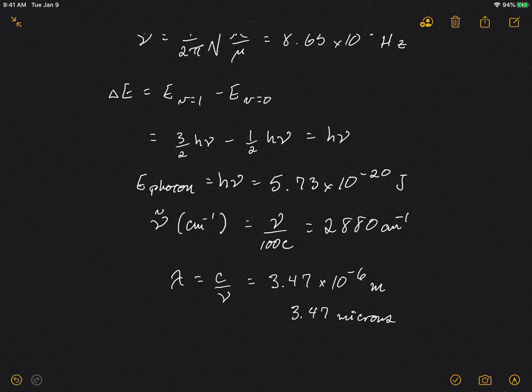Now, there are some similar related problems. You could be given the photon represented in any one of these ways: in terms of wave numbers, the reciprocal centimeters, or in terms of the micron wavelength, or in terms of the frequency, or in terms of the energy of the photon.